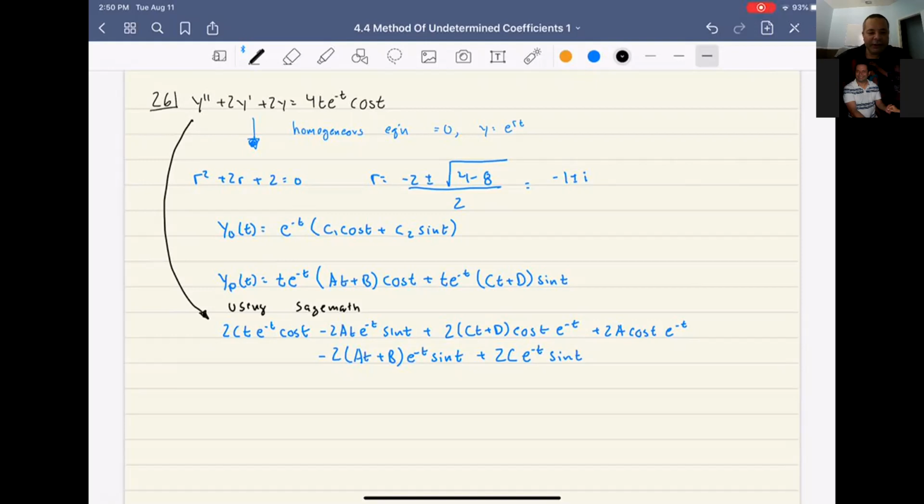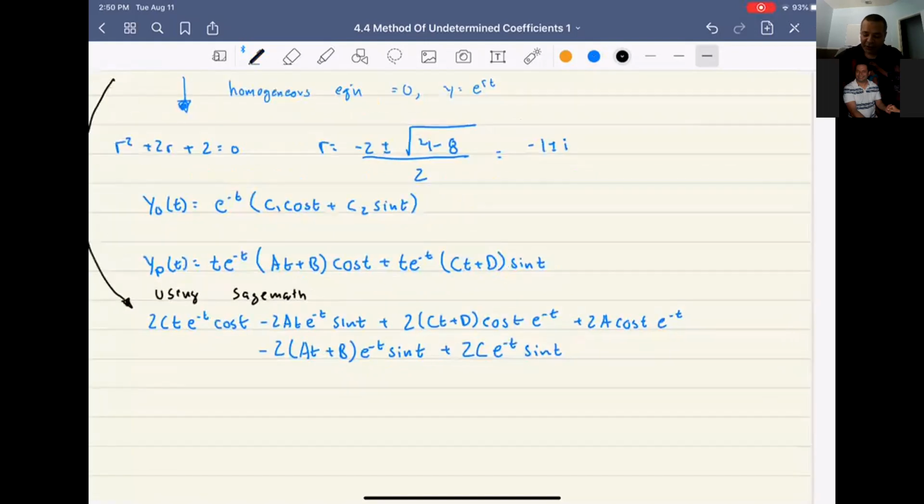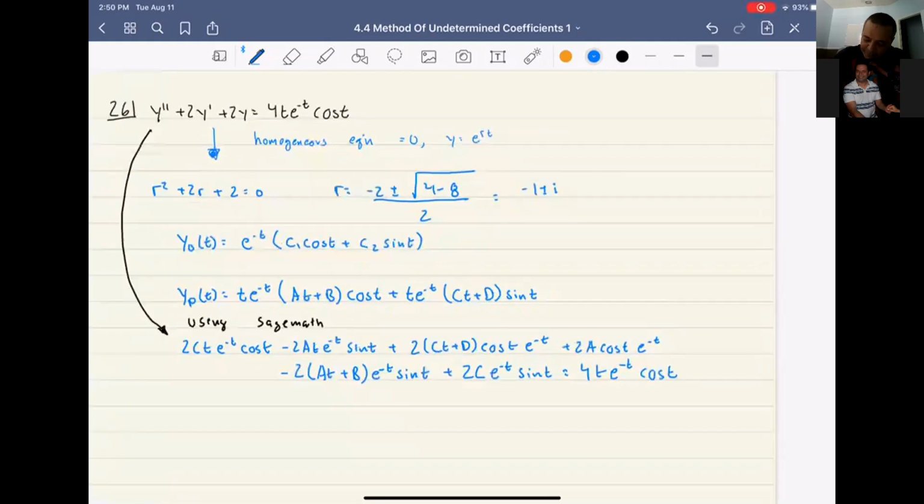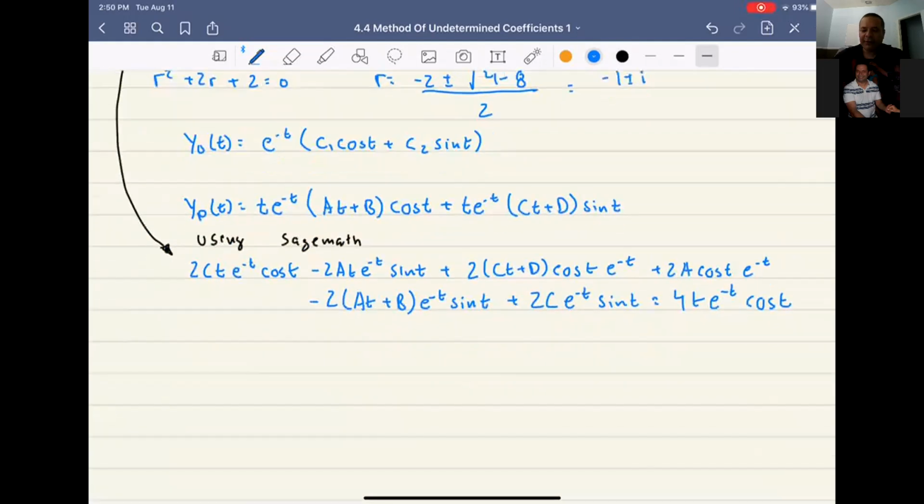Now we're going to go ahead and match. This should equal 4t e to the negative t cosine t. So now let's match the pieces.